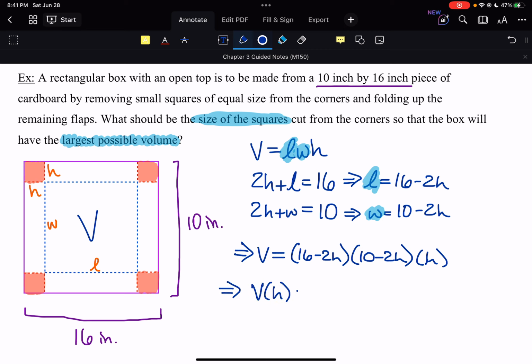So V of h will be, if you multiply all of this out, so FOIL it and then distribute that extra h, we get 160h minus 52h squared plus 4h cubed.